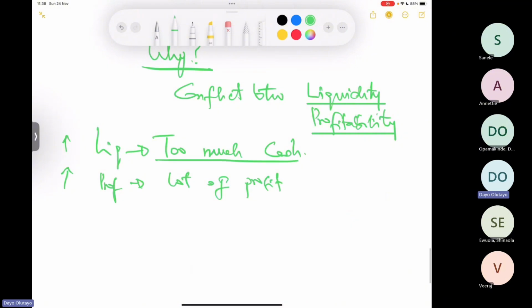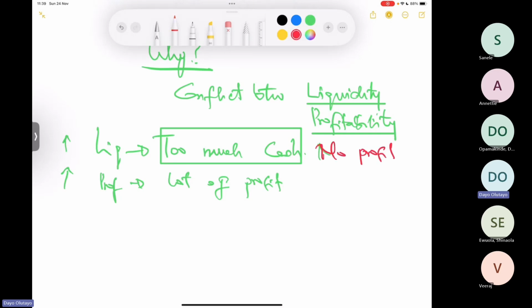If you have too much cash, it means that you are not investing, so you cannot make profit. If you have not invested, you cannot record profit. If you keep 1 billion in your house for 20, 50 years, it remains that amount. In fact, it will even lose value because of inflation. You can't make profit on it.